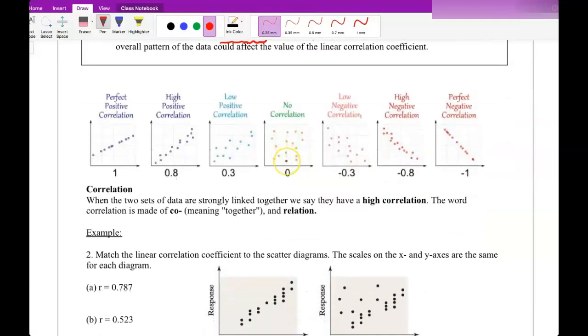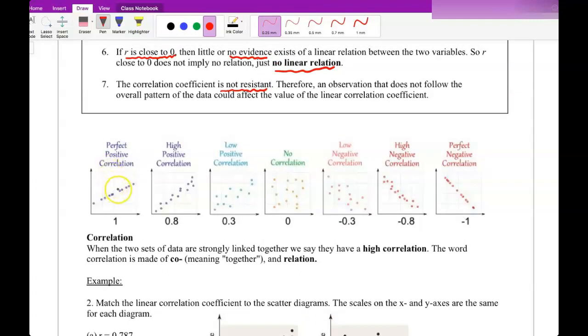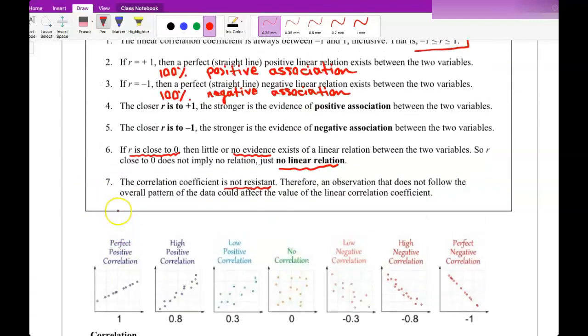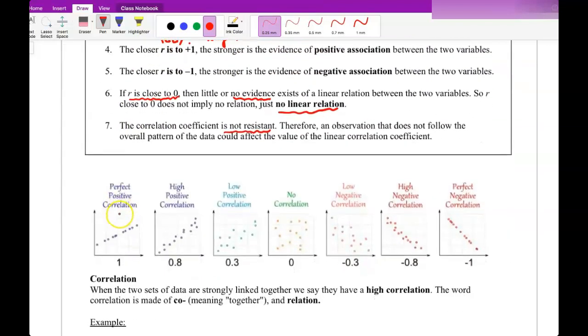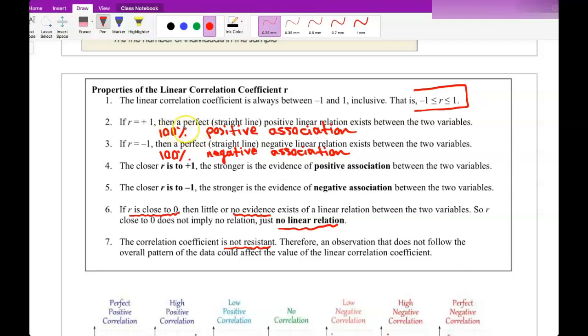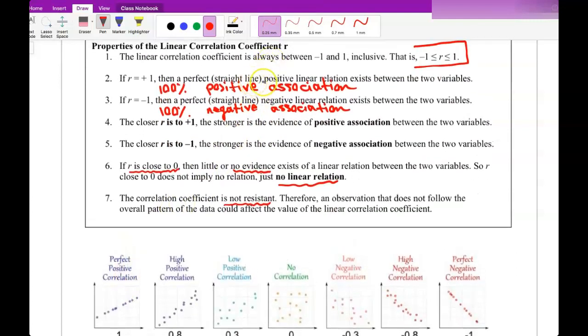Okay, let's see what we have here. Here we have all these that we had on top. Starting from the left, we have R equal to +1, so we have perfect positive correlation. Exactly, on top we have that one, perfect positive.